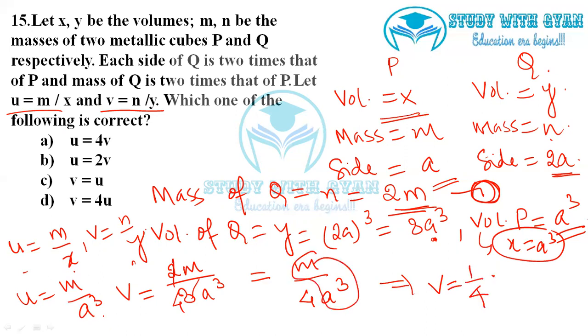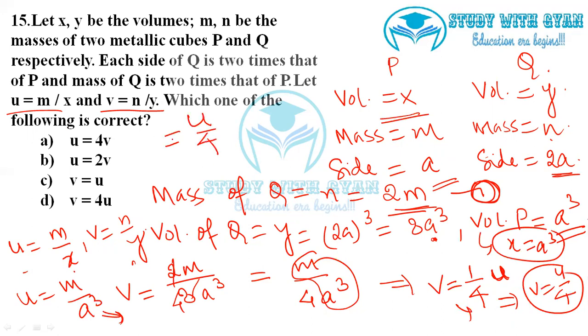Instead of this, we can put this value, that means u equals this one, m upon a cube. In place of that, I simply put u. So what relation are we getting from here? v equals u by 4. So if u by 4 equals v, then u equals 4v. This will be the final relation. That means the A option is correct.